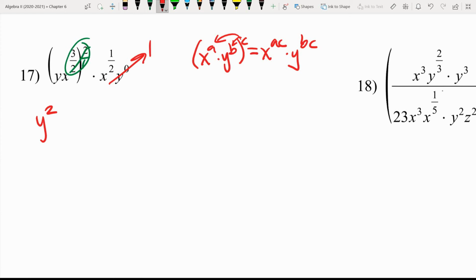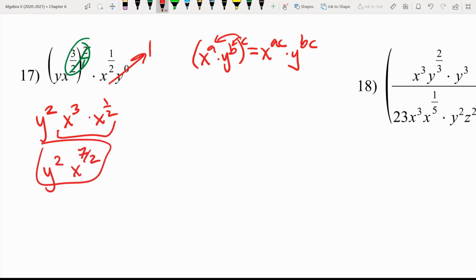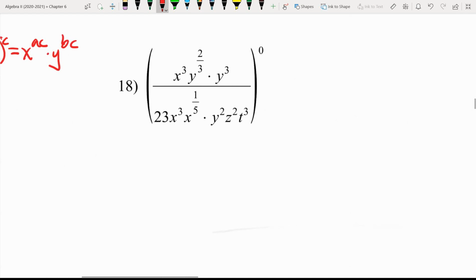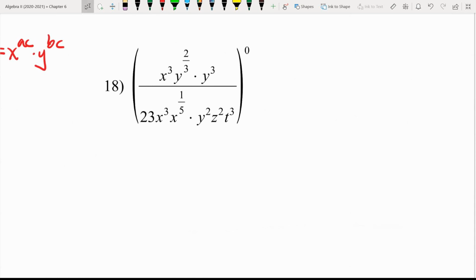They're going to cancel out. It's just going to be x cubed, similar to that last problem. Then times x to the 1/2. And in fact, that's the exact same thing as that last problem too. I'm going to add these two up to get x to the 3.5, which is 7/2.